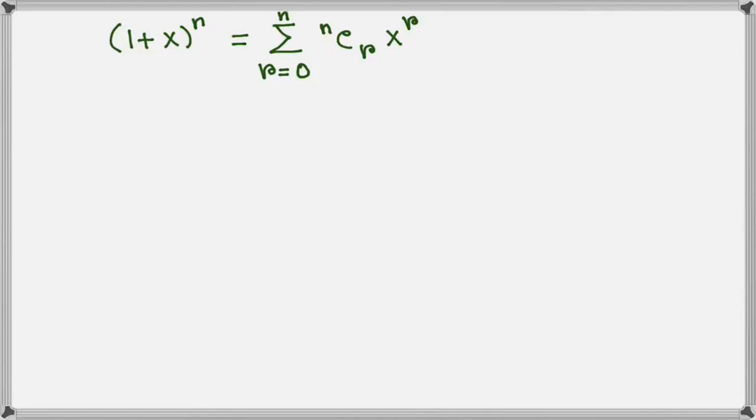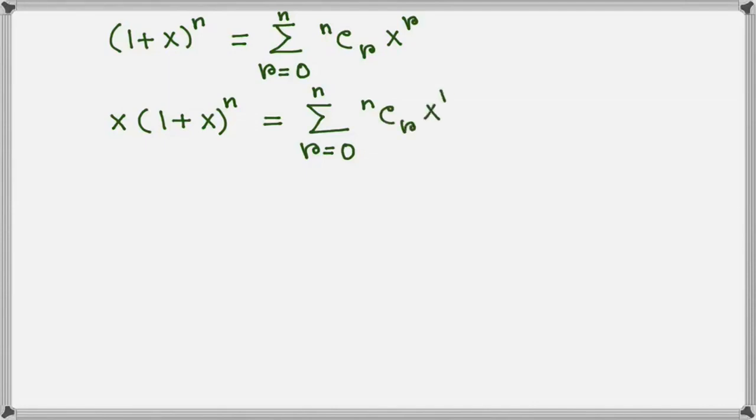Now multiplying x to both sides, we get x into (1 plus x) to the power n is equal to the sum from r equals 0 to n of nCr x to the power r plus 1.